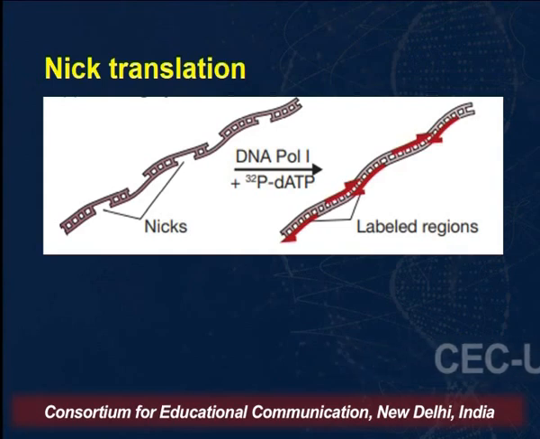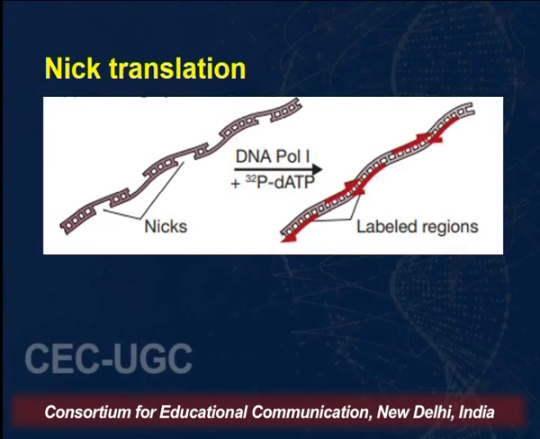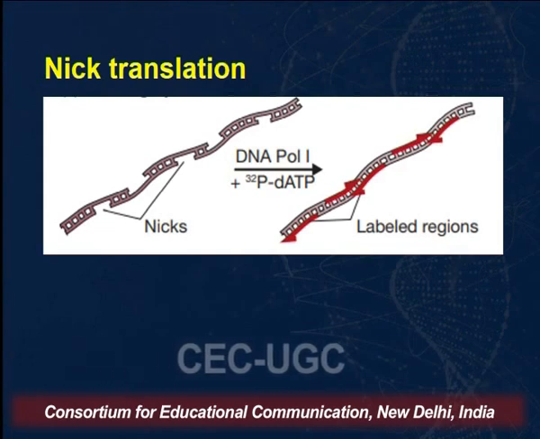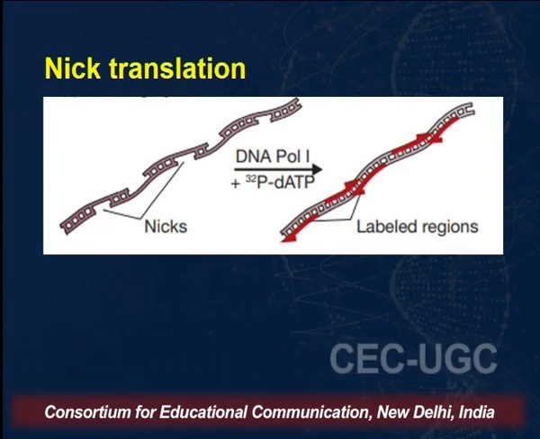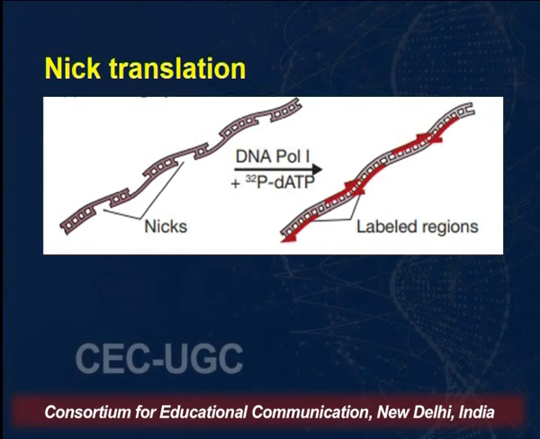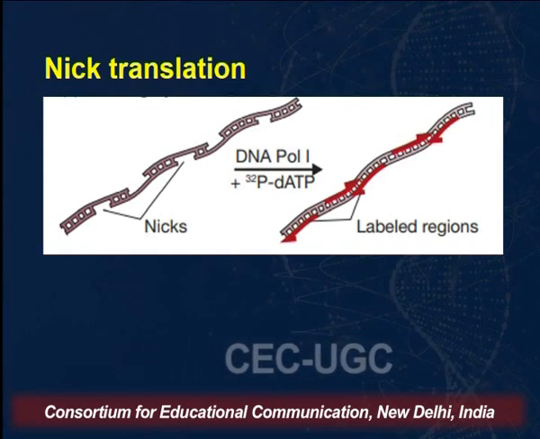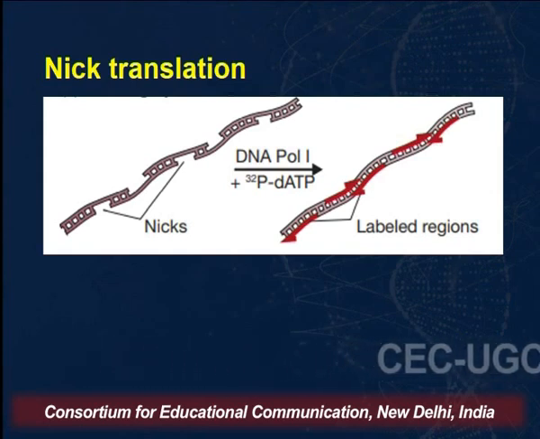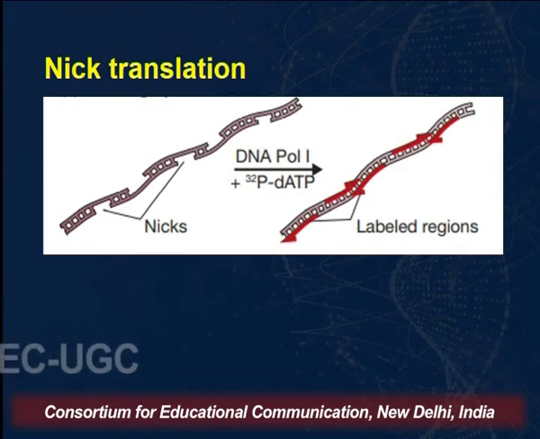So for synthesis, what do you require? A DNA polymerase I. And what else do you require? The nucleotides that are missing. So you add the deoxyribonucleotides: you add dATP, dGTP, dTTP, dCTP, all four nucleotides. But one of the nucleotides, for example in this particular case, is a radioactive dNTP.